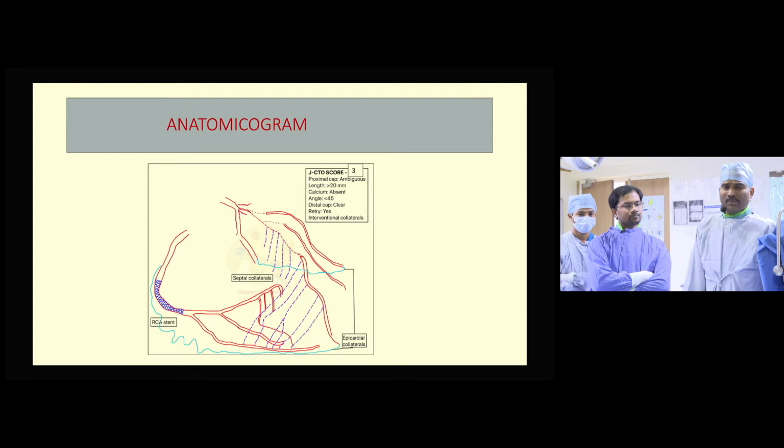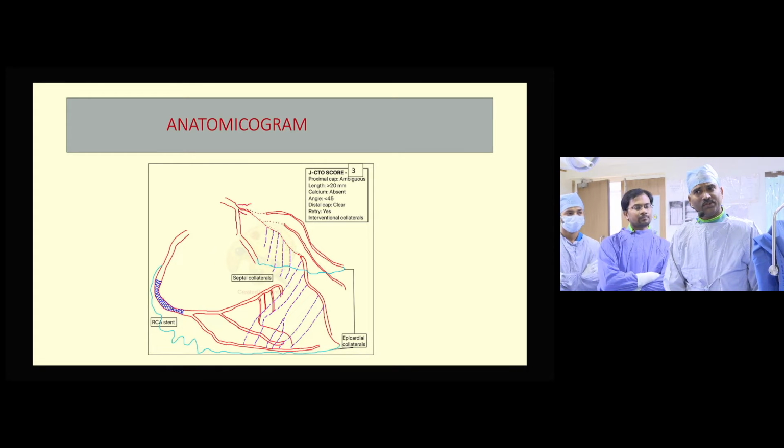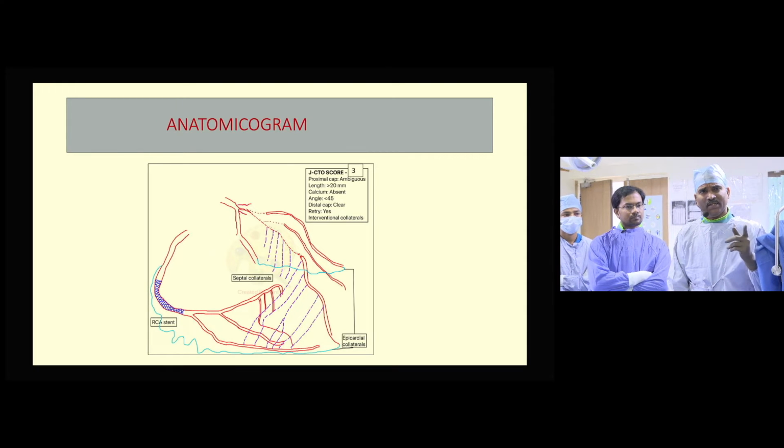Coming to the strategy for this patient, if you look at Ostial LAD, there is a faint filling of the ostium, but the problem is there are multiple branches coming out of the ostium. You can see even in our graphic, there are multiple branches sitting at Ostial LAD.